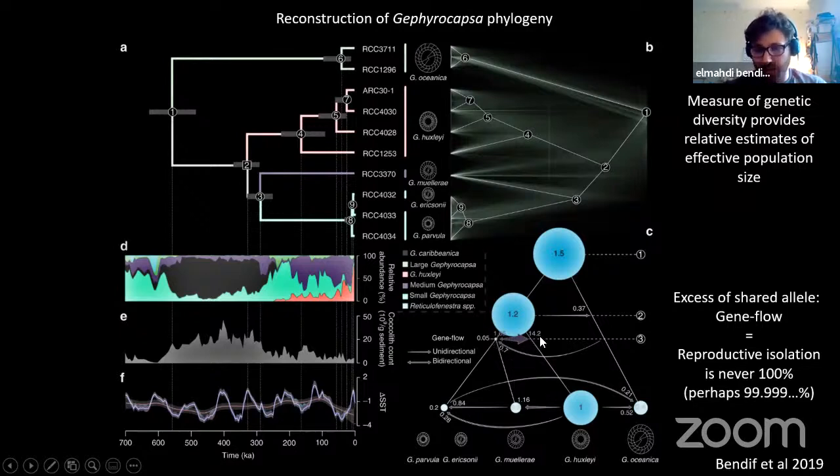They are not in percentage. They are more numbers representing the number of individuals that have provided genes from one species or from one population to another. So what we have seen is, in most organisms, when we were using a genomic approach, the reproductive isolation is never 100% between species.